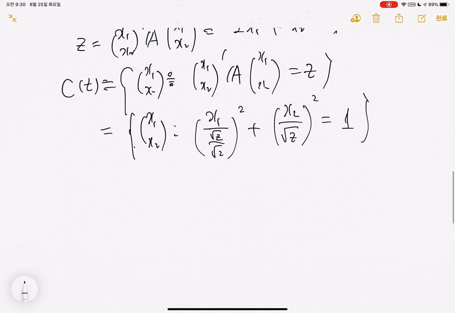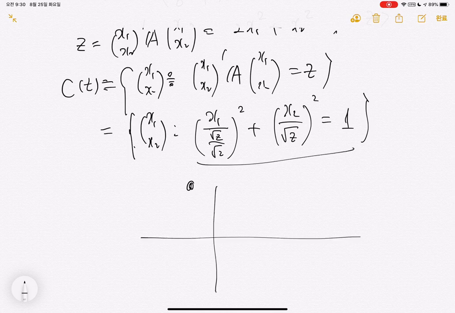You may recall a formula for what? For an ellipse, right? So this is an ellipse.